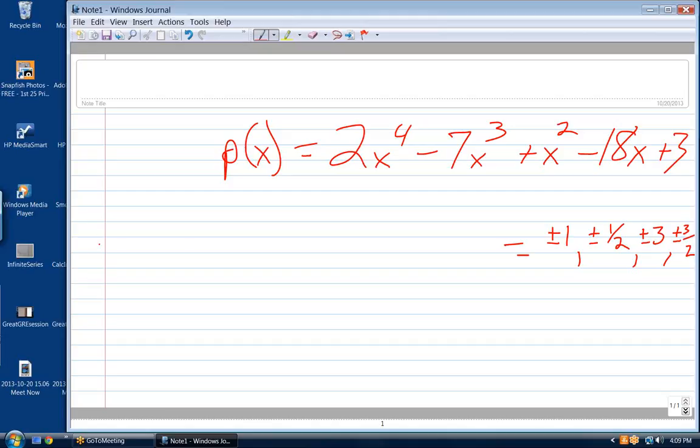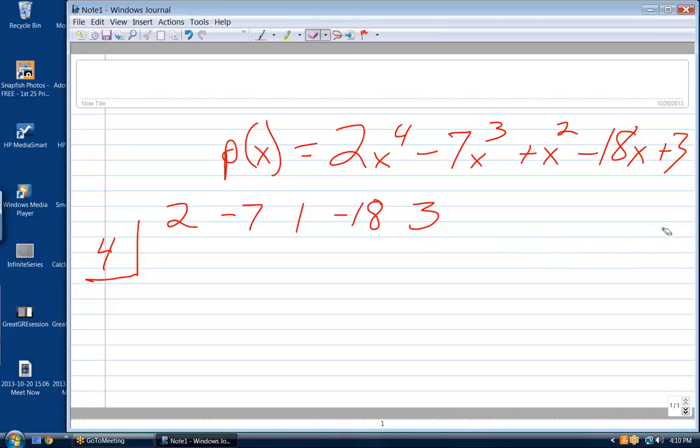Okay, so 4 being an upper bound. Now, I thought that this might have something to do with upper and lower bounds. We're going to use synthetic division. Go ahead and do this synthetically for me.